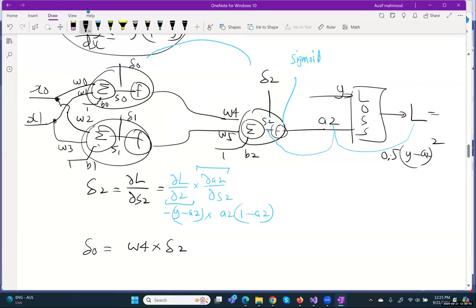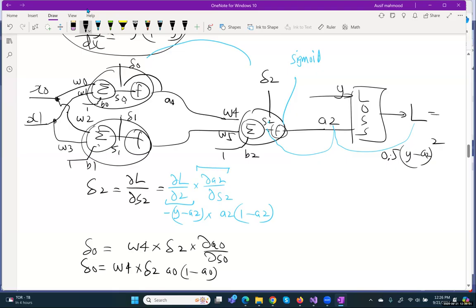But remember, now we further have one more derivative involved: if this is A0, partial A0 over partial S0 gets involved over here. So what is the value of that? A0 into 1 minus A0, yes. So that is the change from now on that will occur if the activation function is nonlinear, meaning a sigmoid.